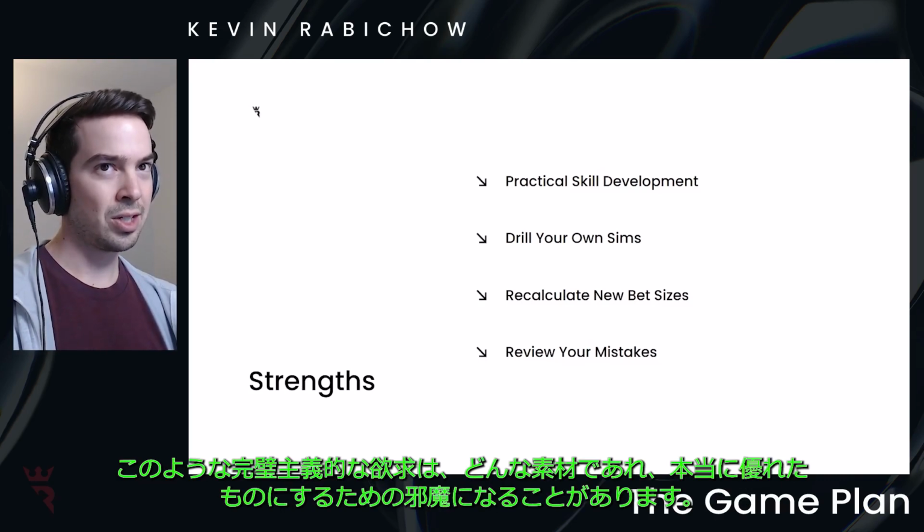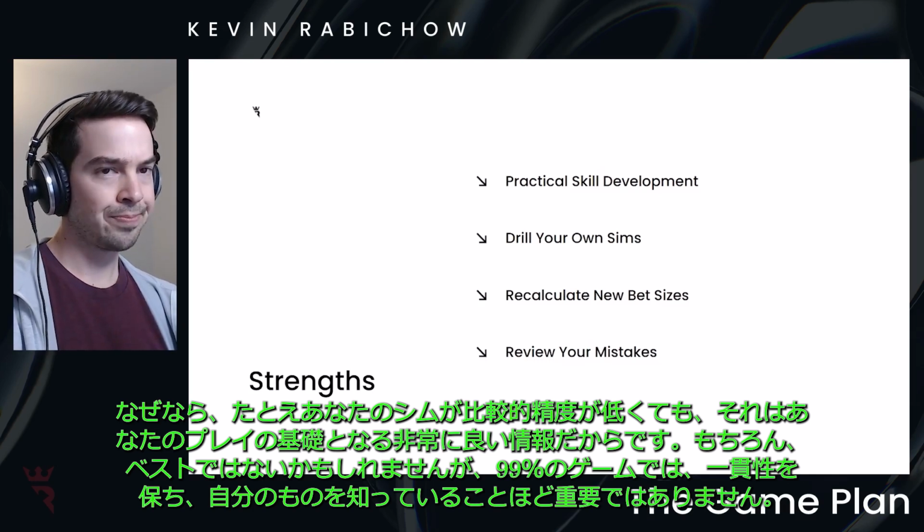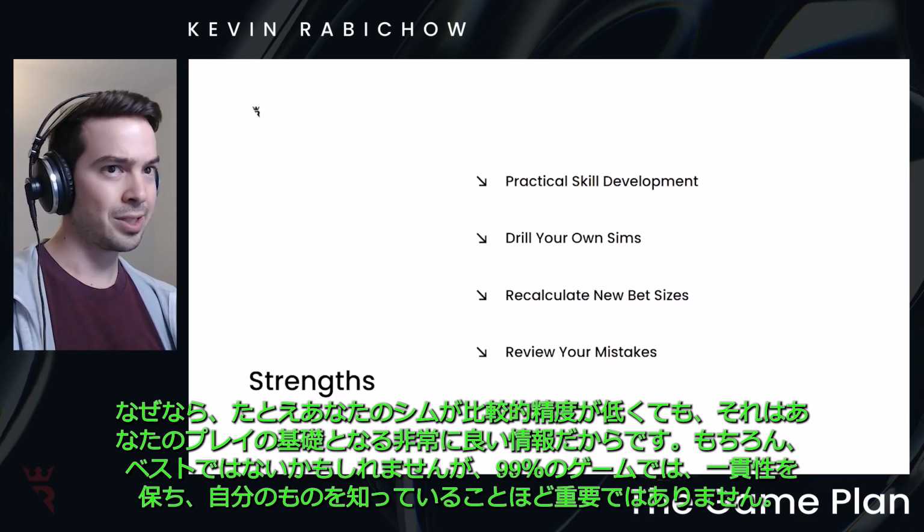And this sort of perfectionist desire can get in the way of just being really sharp with whatever material you have, because almost certainly, even if your sims are relatively low accuracy, it's still extremely good information to be basing your play off of. Sure, it's maybe not the best, but in 99% of games, that's not going to matter as much as just being consistent and knowing your stuff.